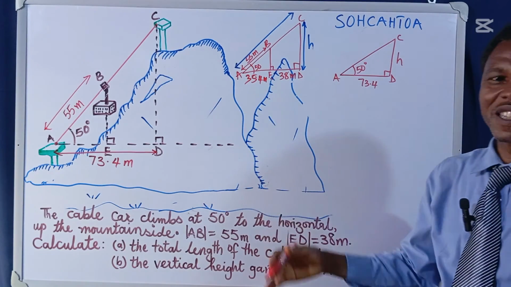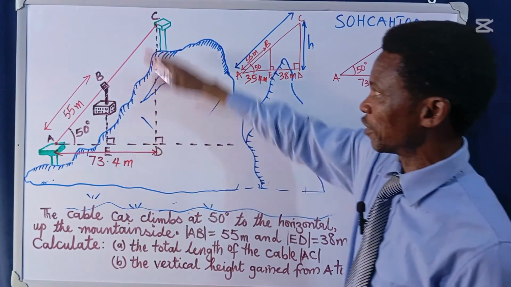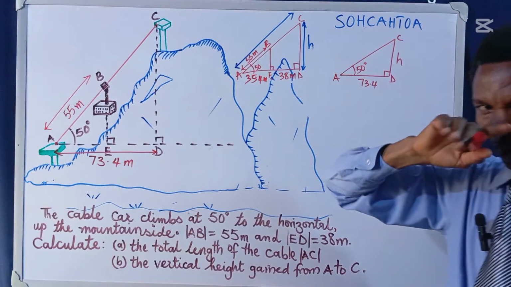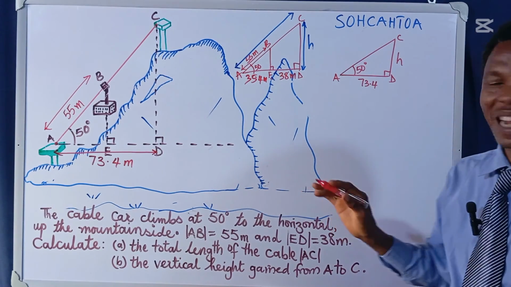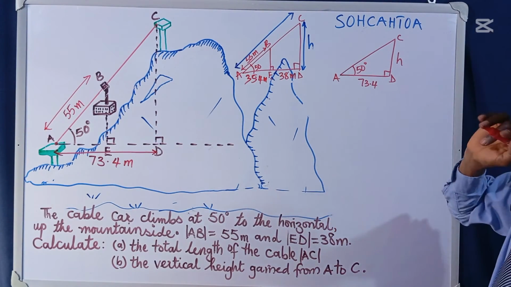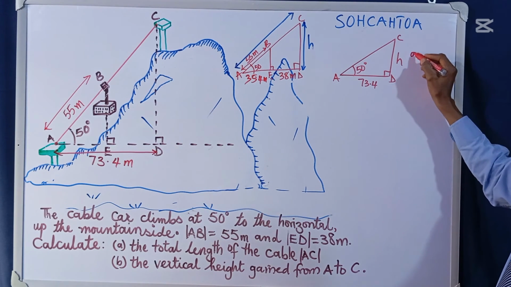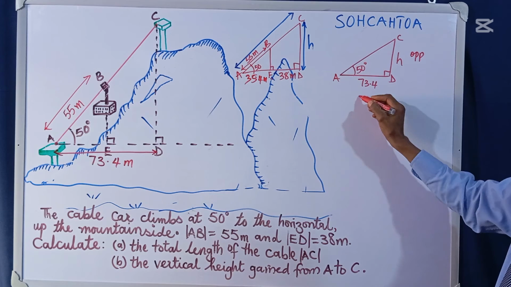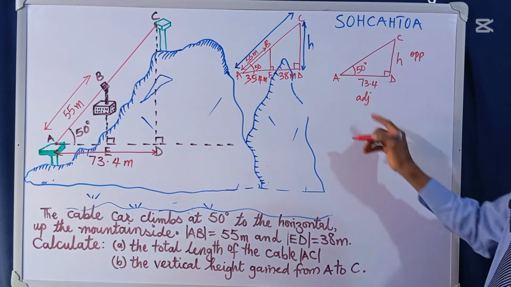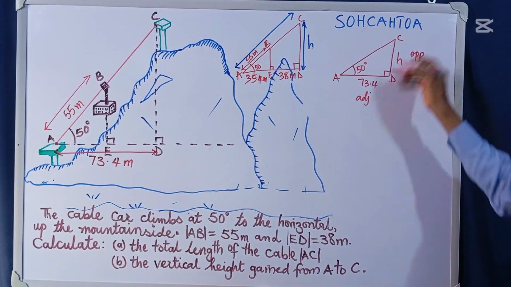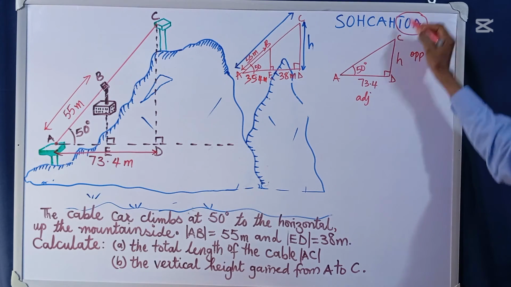If it were physics, we could now calculate the potential energy of the passenger at the top of the mountain. But we are not doing that, so let's leave that. So now, we are connecting opposite to adjacent. So opposite over adjacent, that is going to be tan theta.